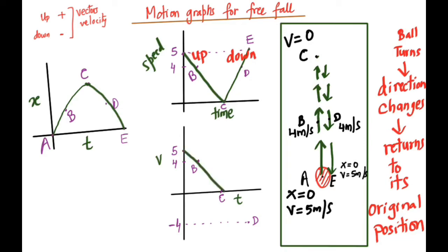For velocity time graph, for the upward journey, we can see that it is having a negative slope, and point E can be plotted at negative 5 meters per second, negative because it's a downward journey. We can complete the graph and we can see that the slope remains the same.